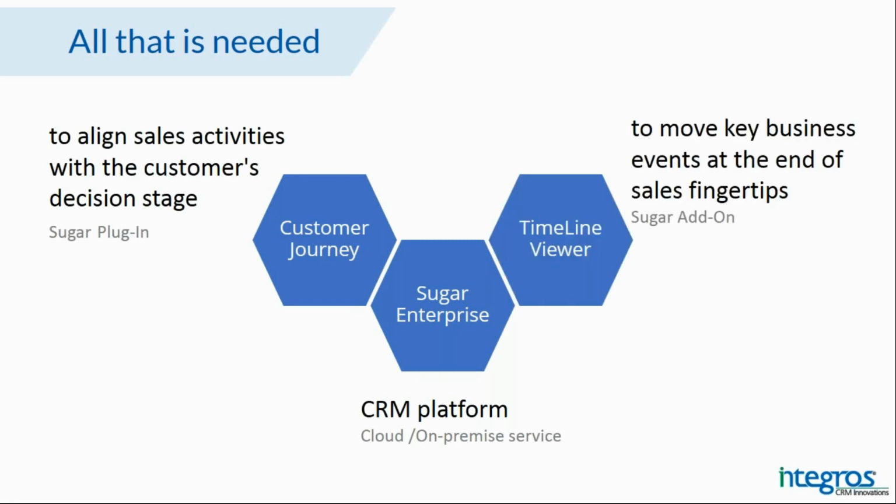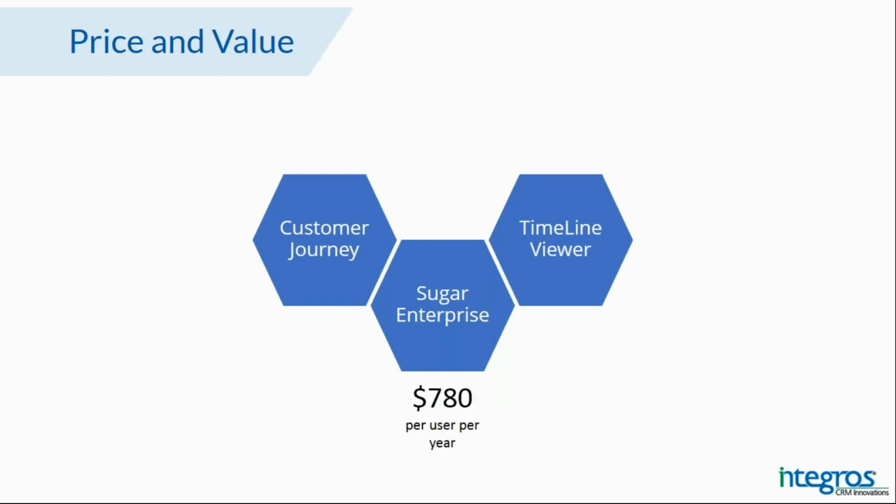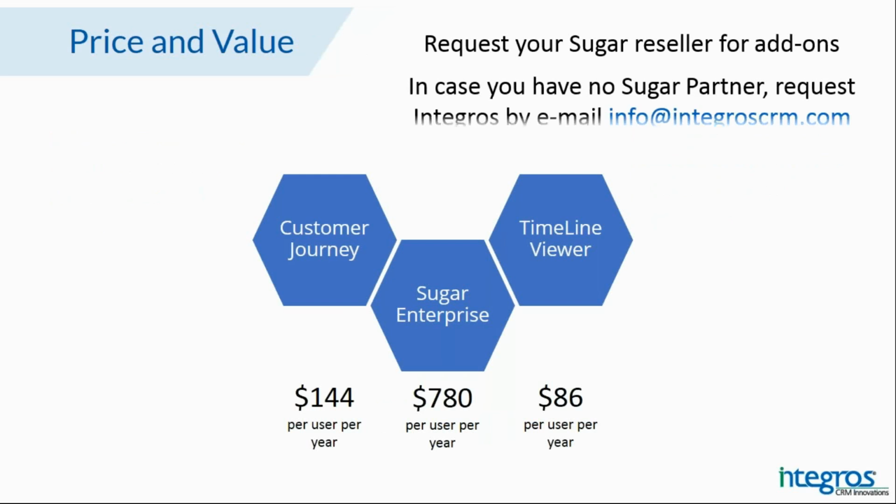And Timeline Viewer to focus on the key activities that matter in terms of reaching the forecast and also improving the customer experience. And what about the cost? Sugar Enterprise, Customer Journey, Timeline Viewer, 3 elements, take them together and you will get this solution. So please ask your Sugar reseller for the add-ons. In case you have no Sugar partner, you're welcome to reach us directly.